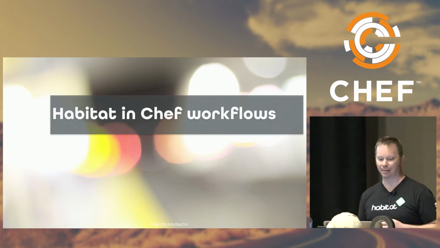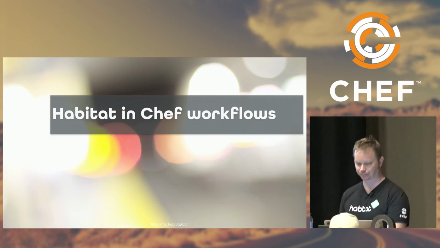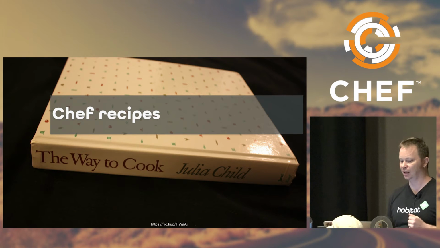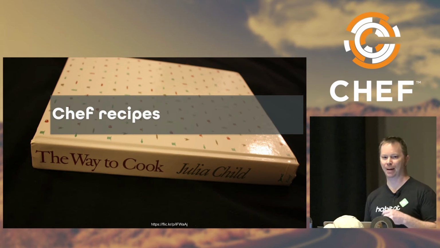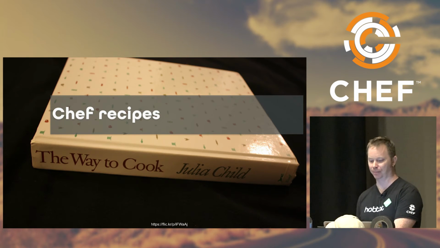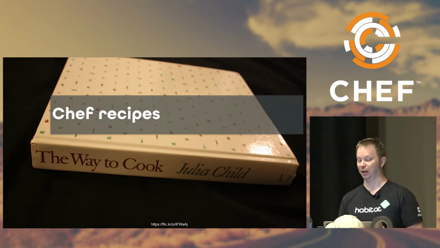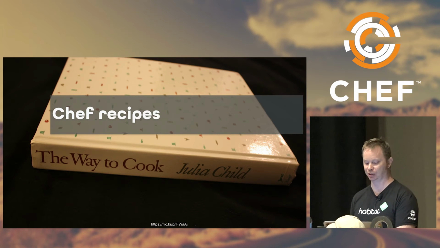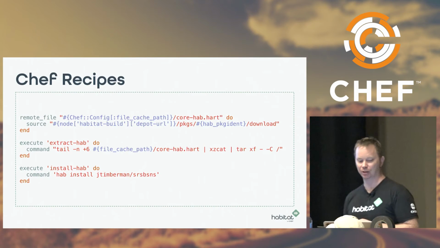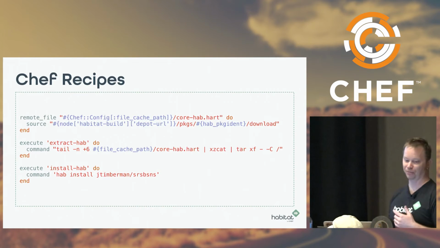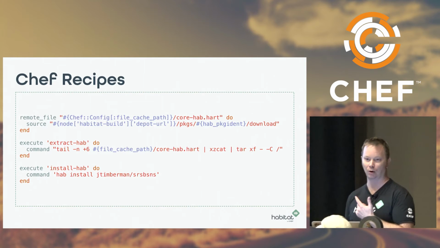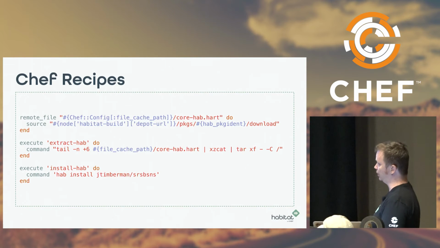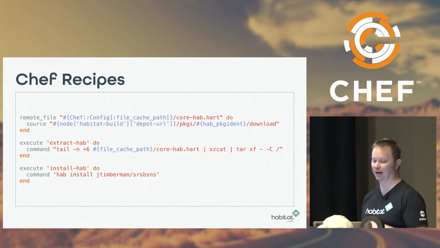So let's talk a little bit about Habitat and Chef workflows. We love Chef recipes, and in order to use Habitat in Chef recipes, right now the main thing would be you'd want to get Habitat installed on the systems where you're going to run your applications that are packaged with Habitat. So we can use a remote file resource to download the core hab package, and then we can extract it using tail and xzcat and tar.